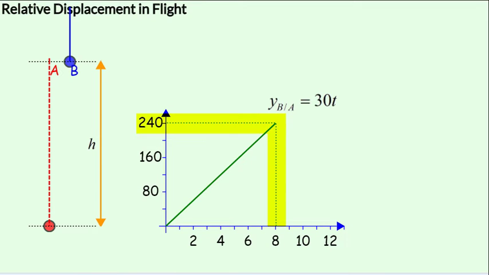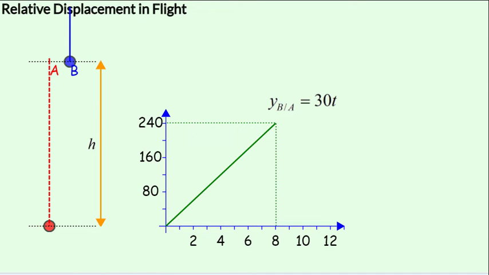That would mean that at 8 seconds, when A reaches the ground, B is 240 meters above it, which indicates that B reaches back to its launch position, which is 240 meters above the ground. From the formula, you can see that this represents a straight line with a slope of 30. At this point, A has hit the ground.